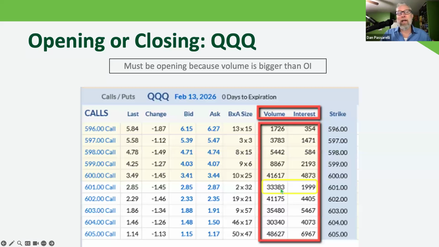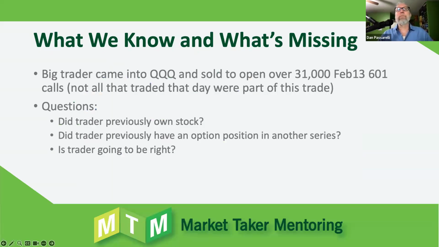Was this opening or closing? Who can tell me? Must be opening, right? Because only 1,999 existed at the start of today, but 33,383 traded, way more than have been open, so they have to have been newly opened positions. Okay, so we got that down.